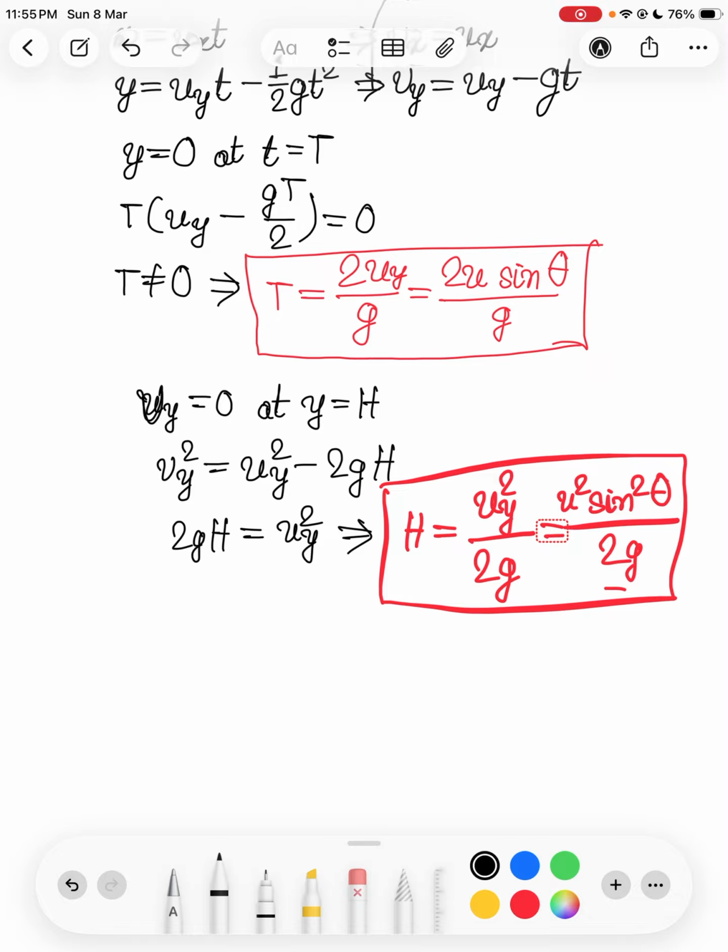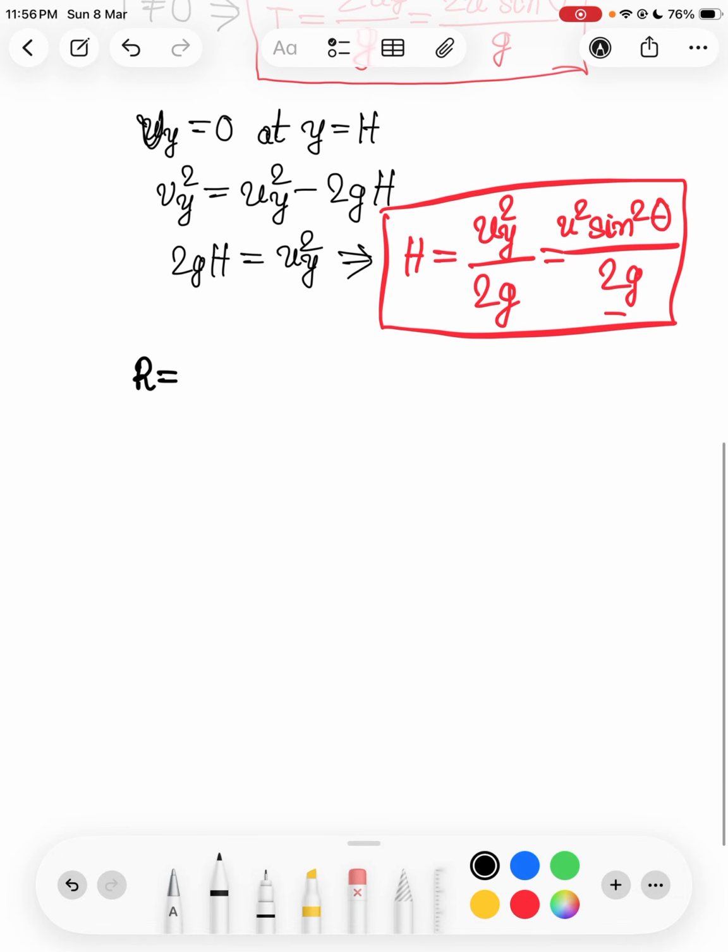Let's denote it by R, and R is nothing but ux into what it travels in the total time of flight. So this is ux into T. We already had T equal to 2uy by g.